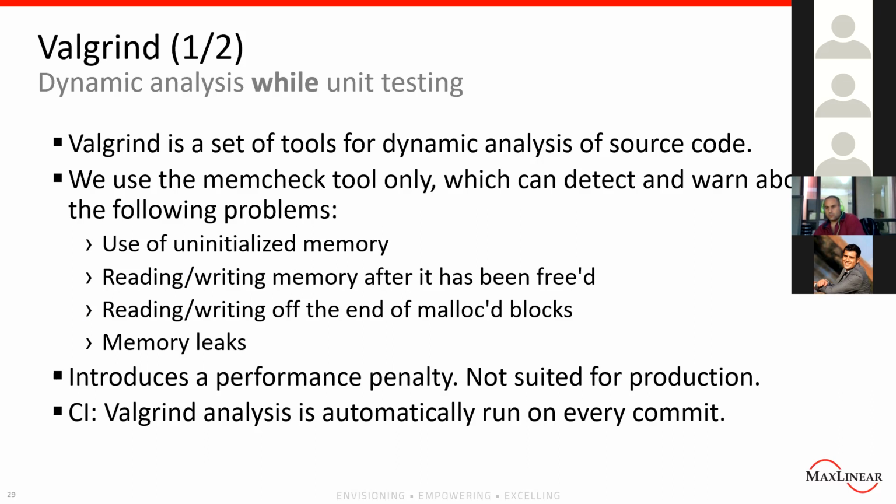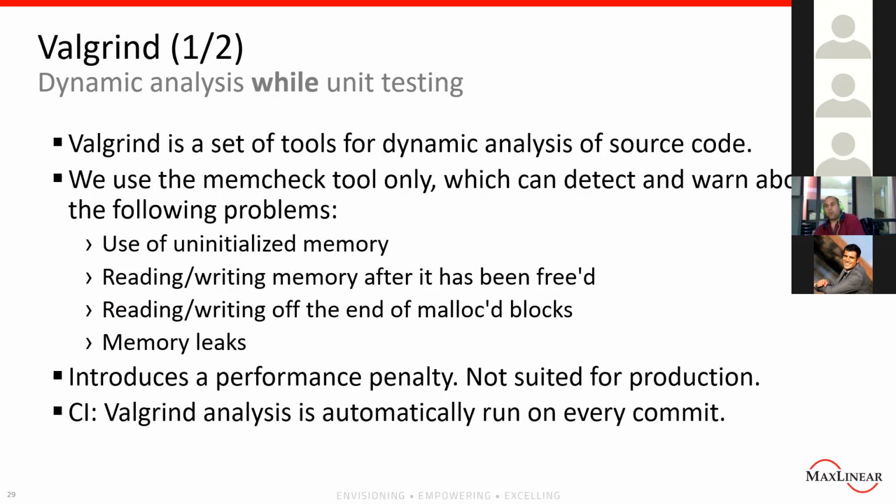What we do is to run our unit tests as a parameter of Valgrind. So Valgrind runs our unit tests, and while those unit tests are being run, Valgrind is checking that no memory errors are happening in our code.